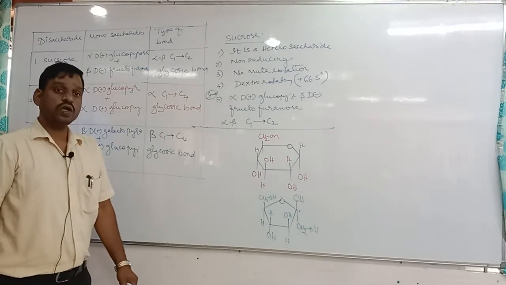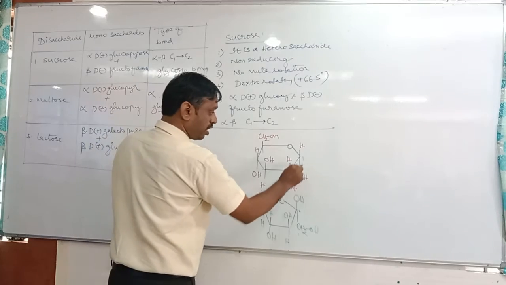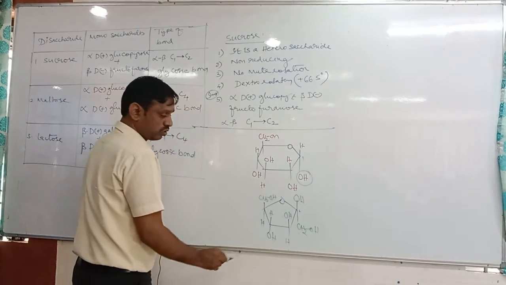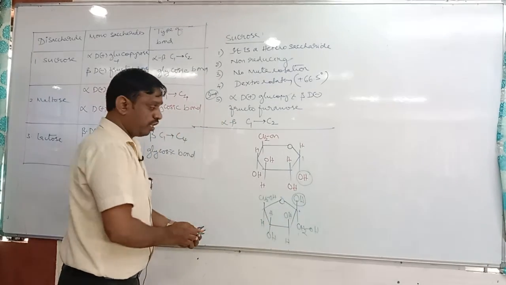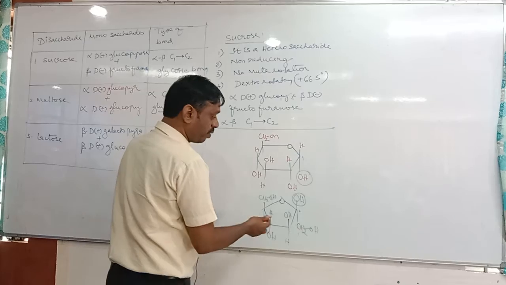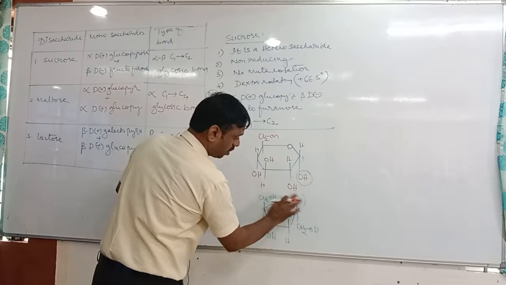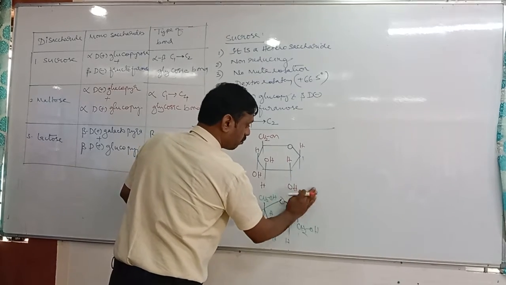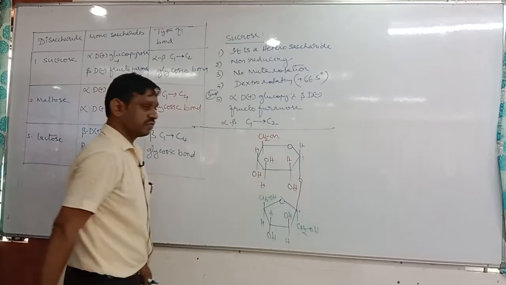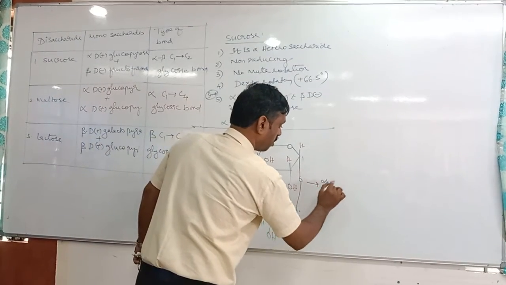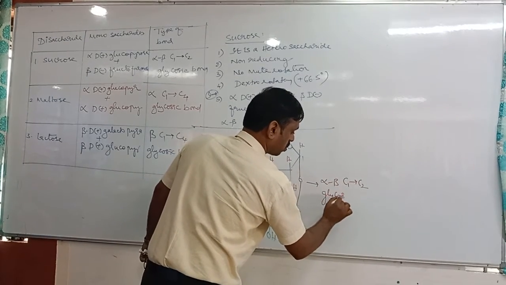Now tell me, in order to form the glycosidic bond, the first carbon of glucose and the second carbon of fructose interact. If these two OH groups interact, what can be removed? OH and H, so remove the water molecule. What is left? One oxygen is left. That oxygen forms the bond. That is the glycosidic bond. It can be written like this. So this is called the alpha beta C1 to C2 glycosidic bond.